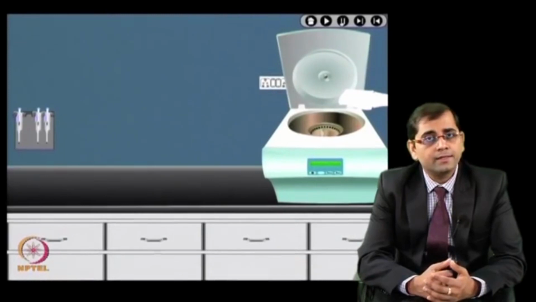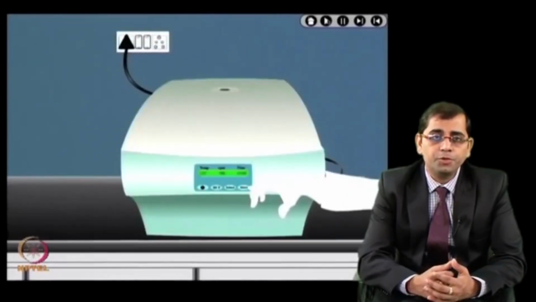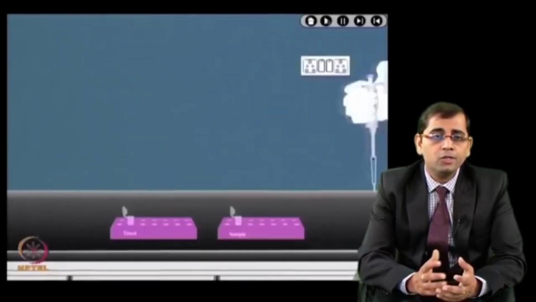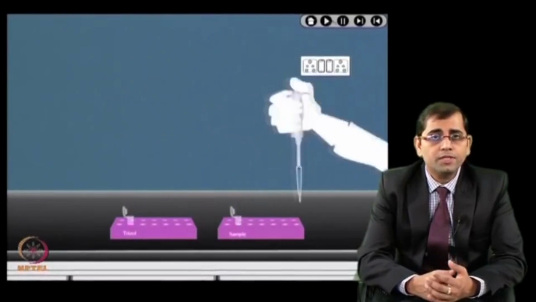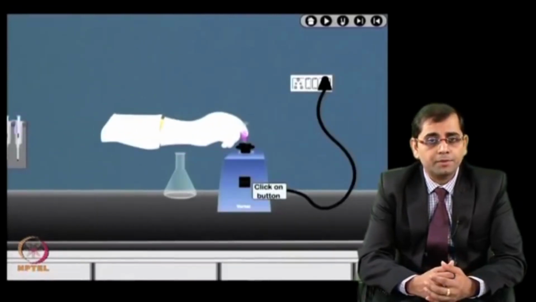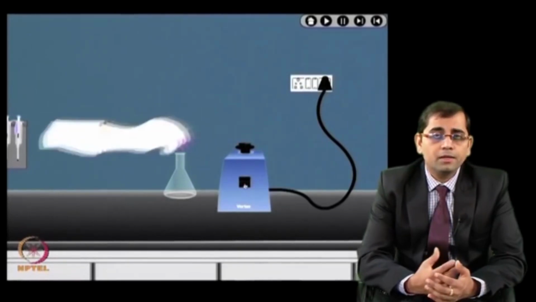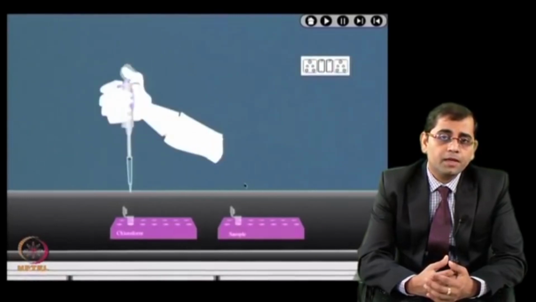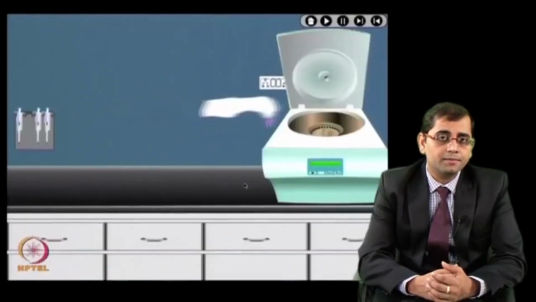The protocol standardization becomes a major challenge in proteomics, and there is no generic protocol in the literature which can be used for every sample type. Therefore, we'll discuss a few sample preparation strategies and how a good sample can be prepared for the proteomic analysis.